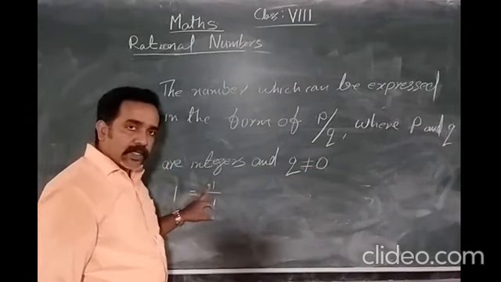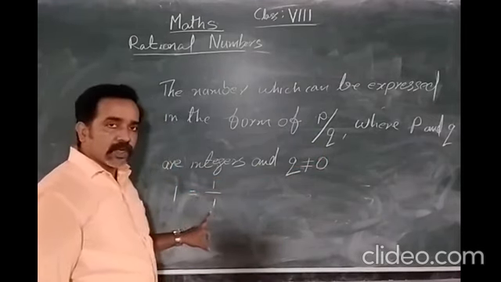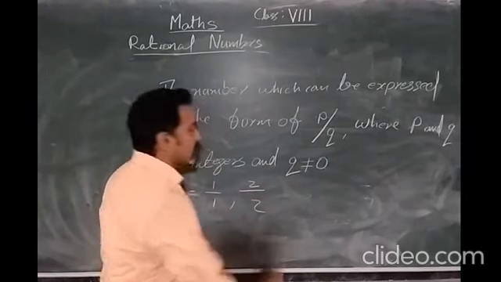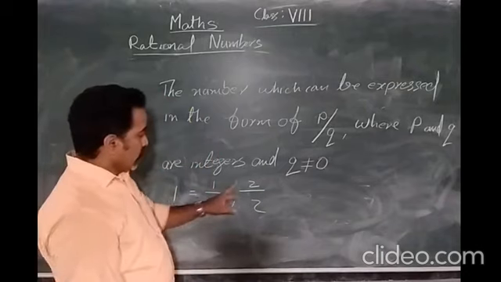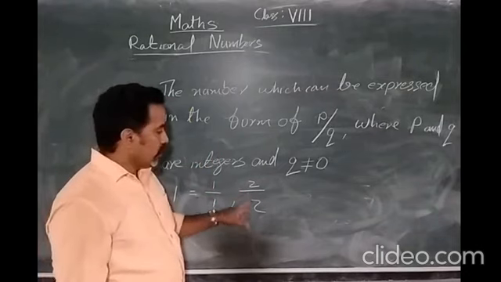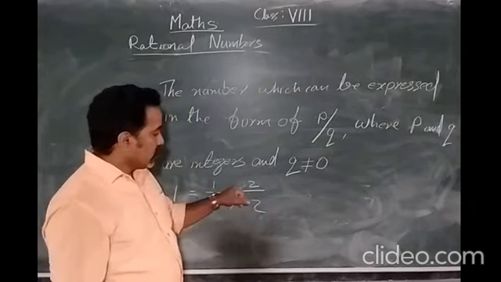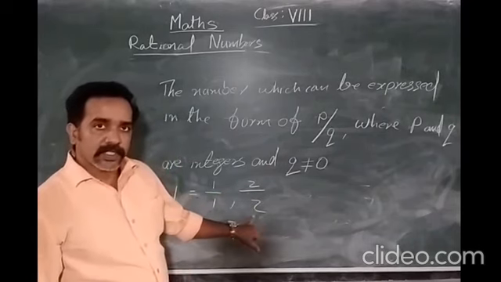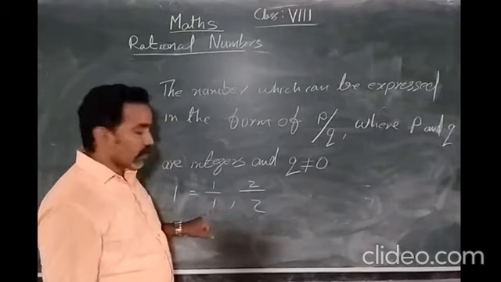So 1 is an integer, this one also is an integer. And 1 also can be written as 2 by 2. We know the value. So 2 is an integer, and this 2 is an integer, and this 2 is not equal to 0.